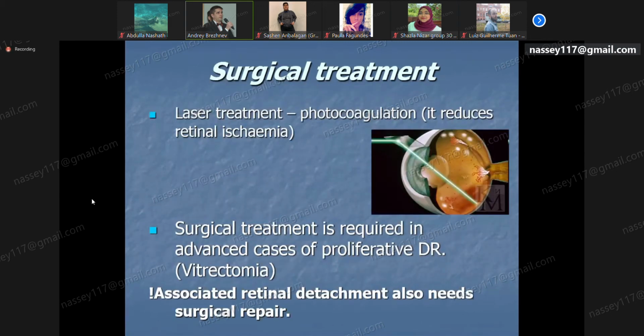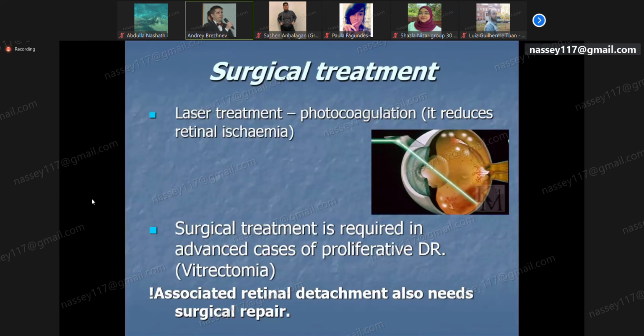But especially in advanced stages, most of these drugs are not so effective. The most effective treatment in advanced stages of diabetic retinopathy, in the stage of pre-proliferative or proliferative retinopathy, is surgery in form of laser surgery and vitreoretinal surgery.